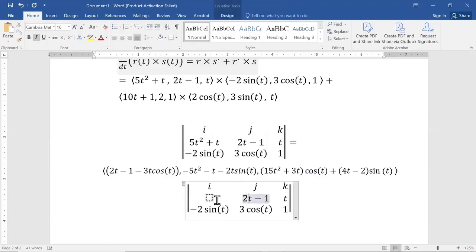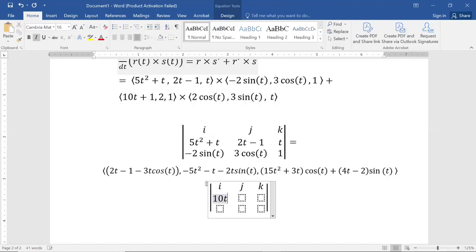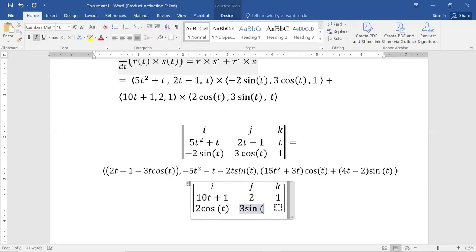So our second cross product, let's do second cross product as 10t plus 1, 2, 1, cross producted with 2 cosine of t, 3 sine of t, and t.